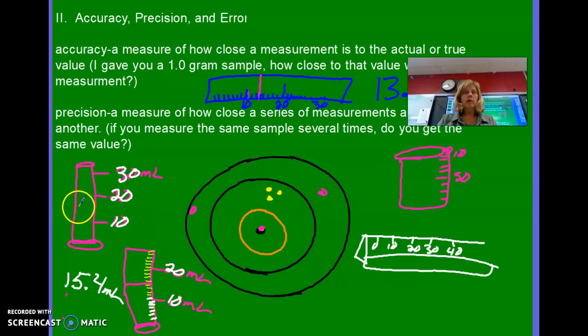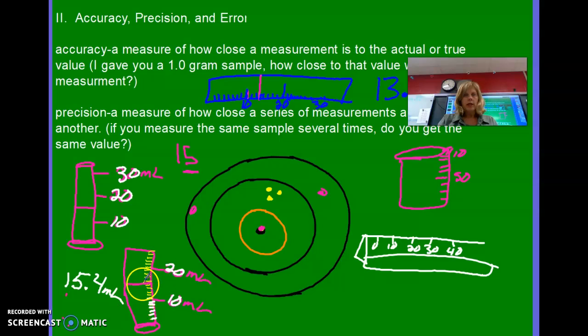If I had water right here, I might say that looks to be about 15. So if I write this, the last digit, the 5, is my estimated digit. I didn't actually read that, but that's my best guess on the level of liquid in this graduated cylinder, which is not marked to every milliliter.